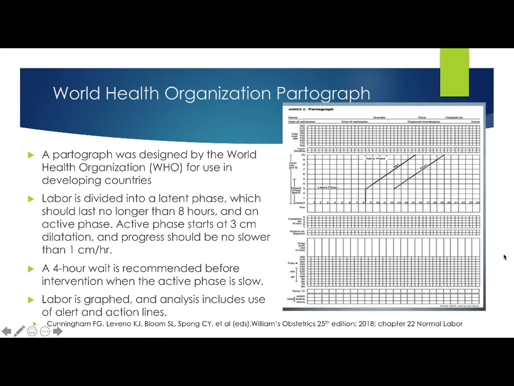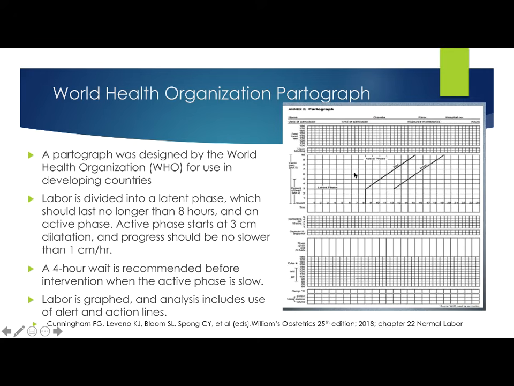This picture on the right is the WHO partograph, which WHO developed for use in developing countries. As you can see here, like the Friedman's partogram that I showed you earlier, labor is also divided into the latent phase and the active phase.